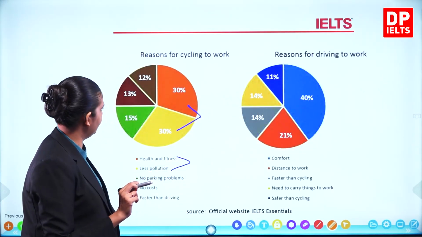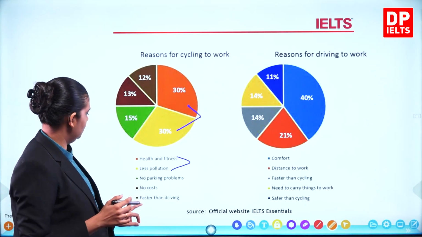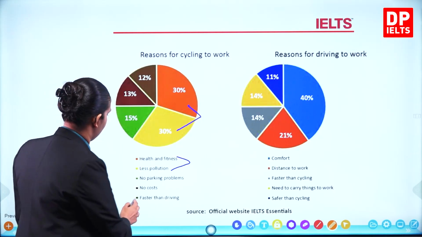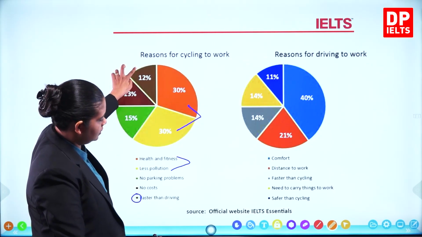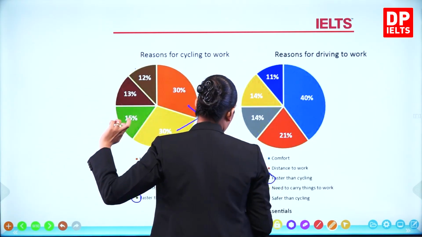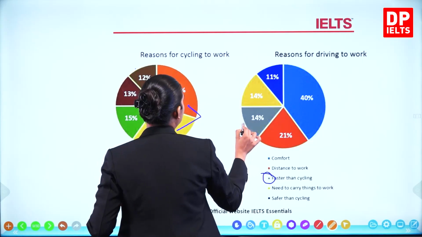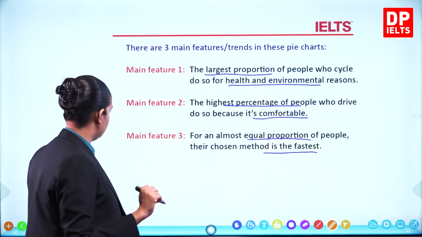What do I mean by that? Okay? What do we mean? Can you see faster than driving is roughly around 12%. Okay? Faster than cycling is roughly around 14%. So it's almost the equal amount, right?